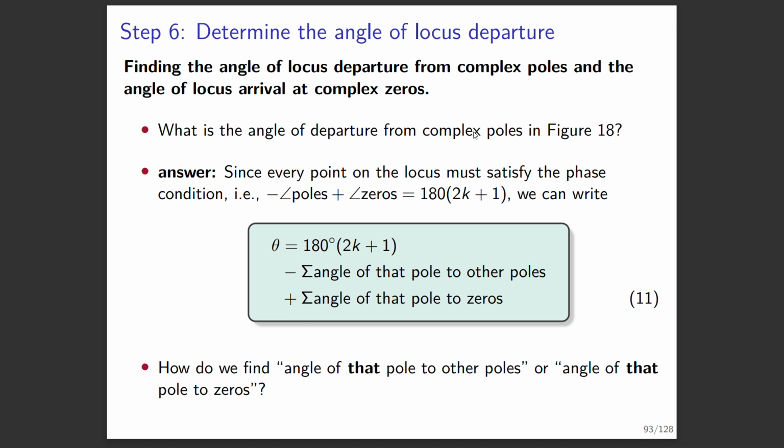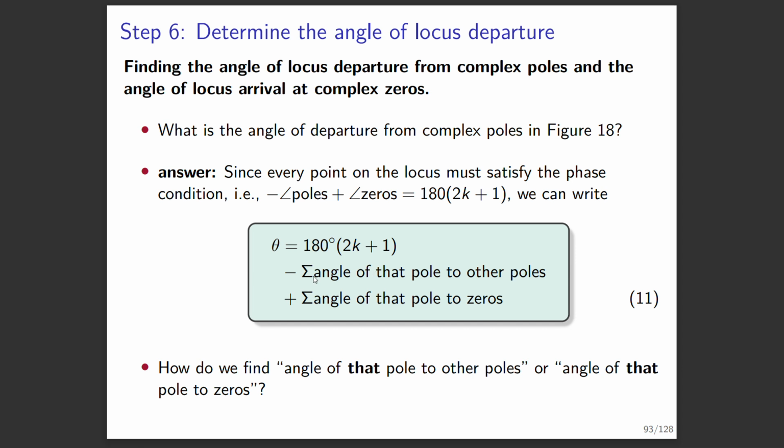So to find the angle of locus departure from complex poles, we need to use this equation. So this equation is explaining this. You want to find the angle of departure from a complex pole. You write 180 degrees times 2k plus 1.